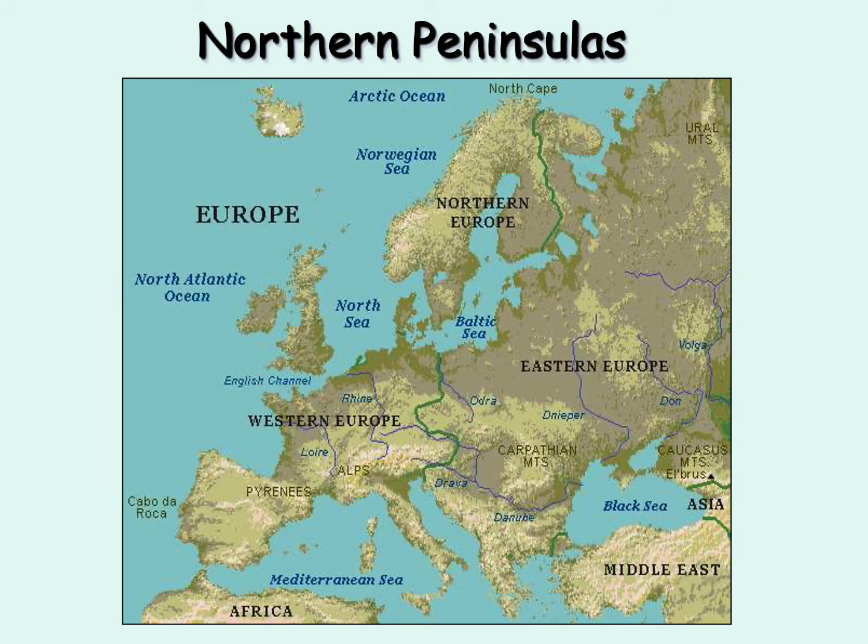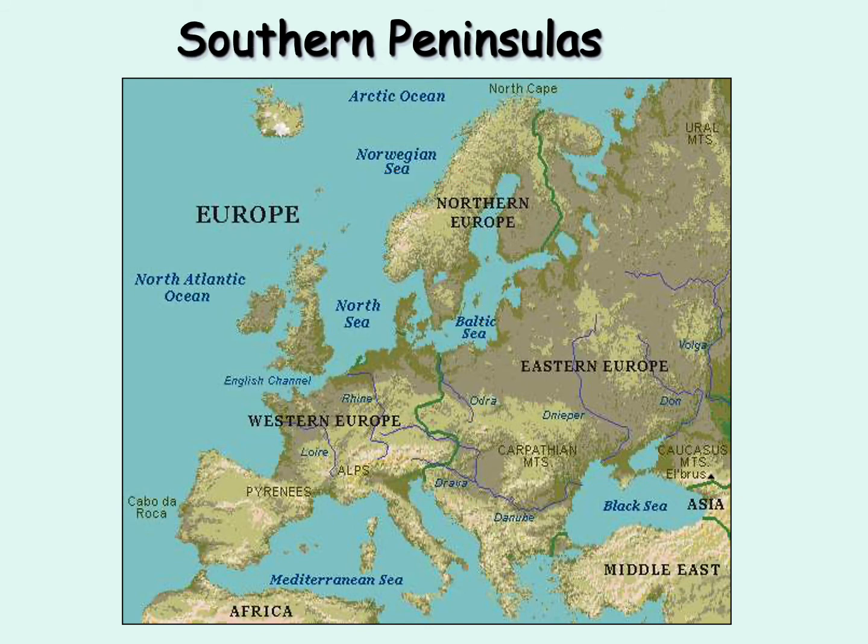All right, guys, so we have a couple of northern peninsulas. We have the Jutland Peninsula, which is by the North Sea and the Baltic. And then we have the Scandinavian Peninsula. So that's going to be Sweden and Norway. So we have the Scandinavian Peninsula up here. Now we're going to have a couple of southern peninsulas as well.